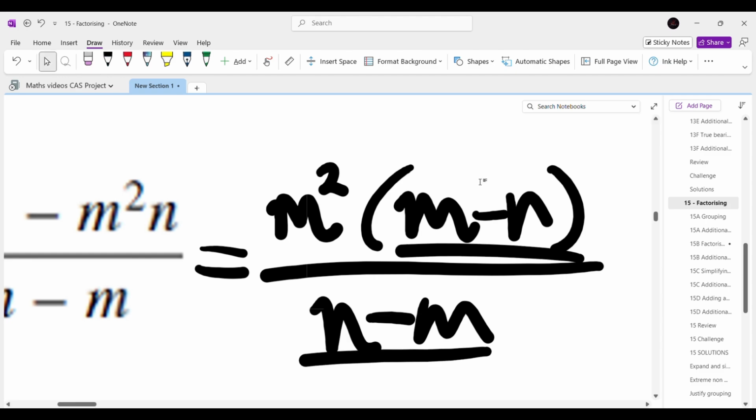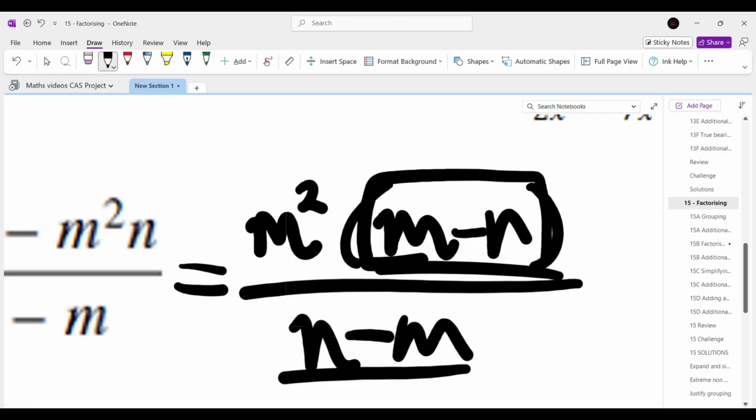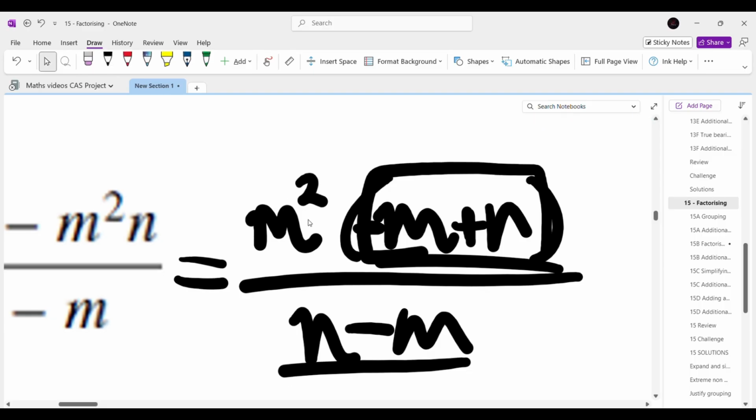What we can do is take out the negative from this term on top, because if we take out a negative, the n value is going to become positive and the m value is going to become negative.